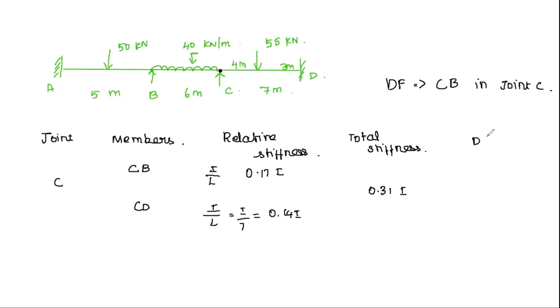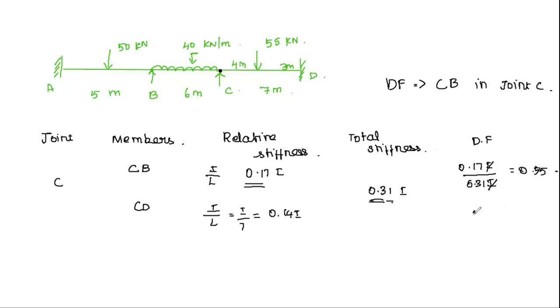The distribution factor is defined as the ratio of relative stiffness of that particular member to the total stiffness acting at that joint. The relative stiffness of that member is 0.17 I and the total stiffness acting at the joint is 0.31 I. I gets cancelled and the value is 0.55.